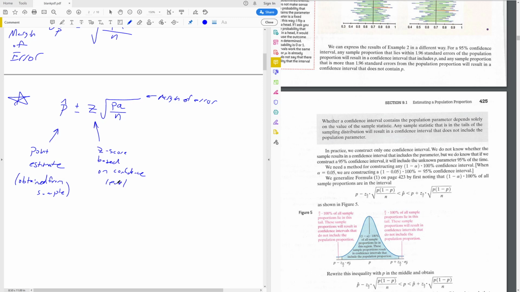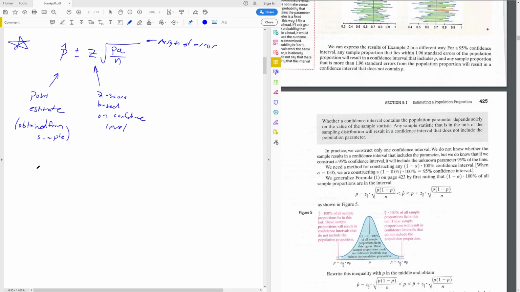How do we find the z-score? So there's a couple standard confidence intervals that we're going to be using. So instead of calculating those z-scores every single time, let's just jot down the z-scores that go with these standard levels. And these are kind of like 3 standard confidence levels that we use: 90%, 95%, and 98%.